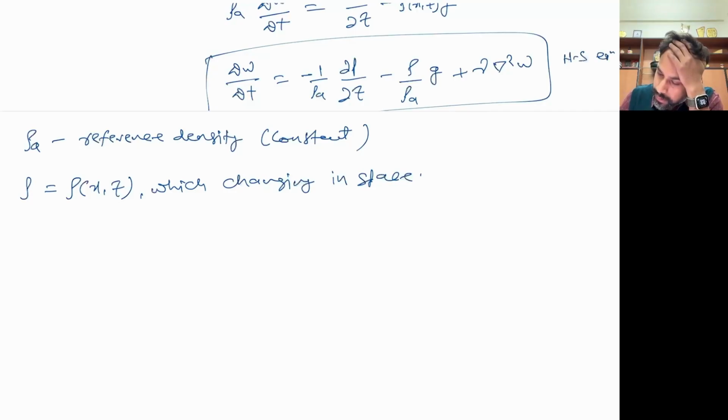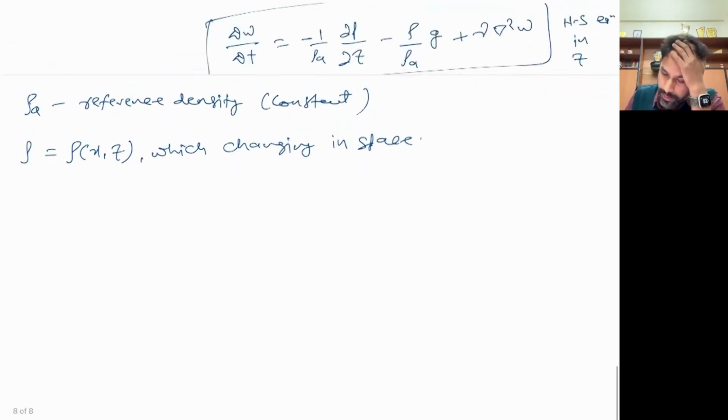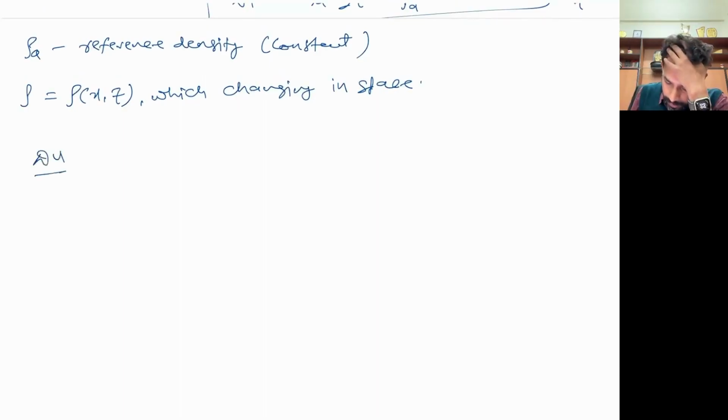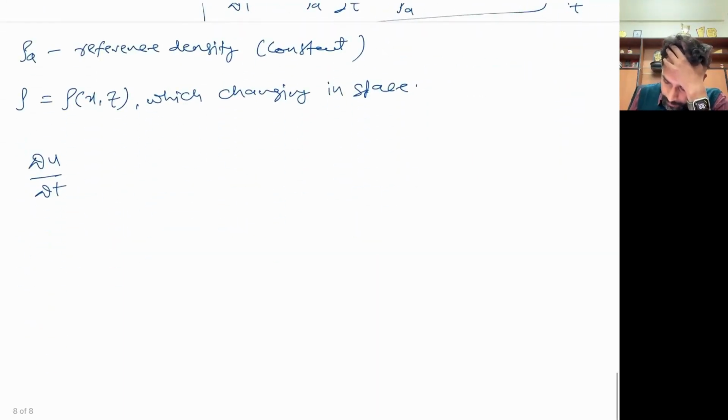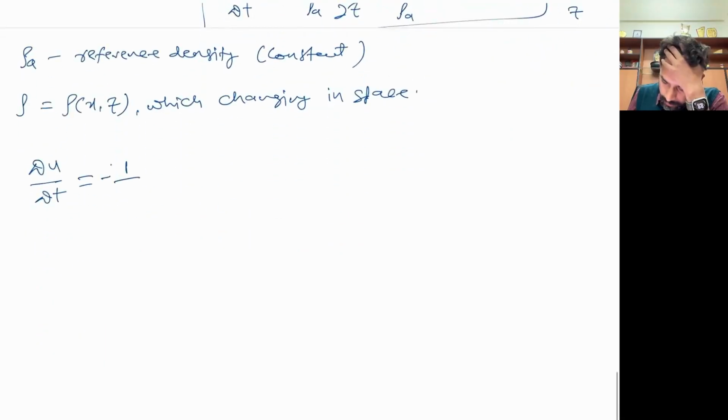So this is the Navier-Stokes equation in Z, and now if you want to write that for the Navier-Stokes equation in X, then that will become du by dt is equal to minus 1 by rho a dp by dx plus nu del square u.